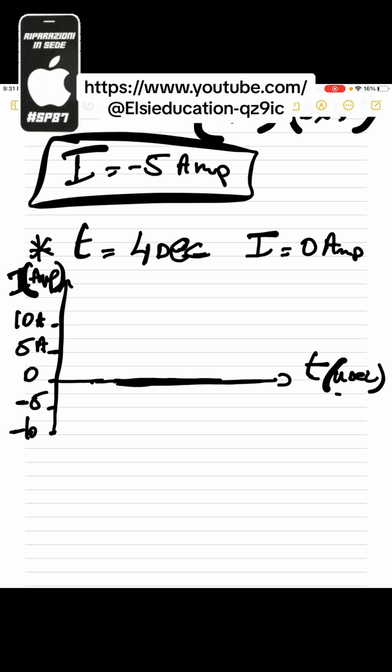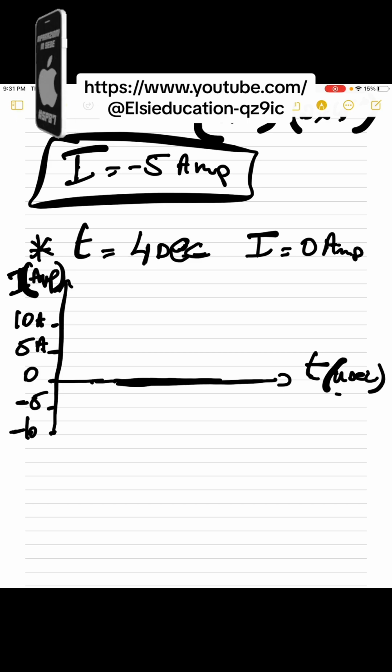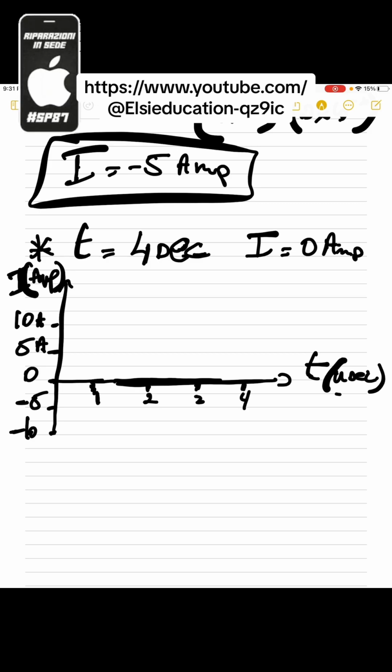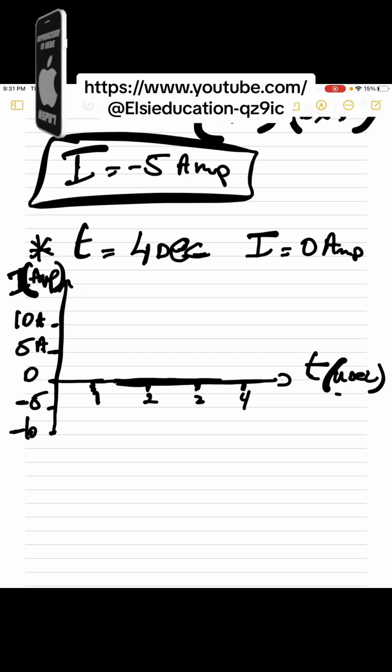So when time equals 0, amp equals 0. Let's put the 1, 2, 3, and 4 microseconds. When time equals 0, current equals 0.